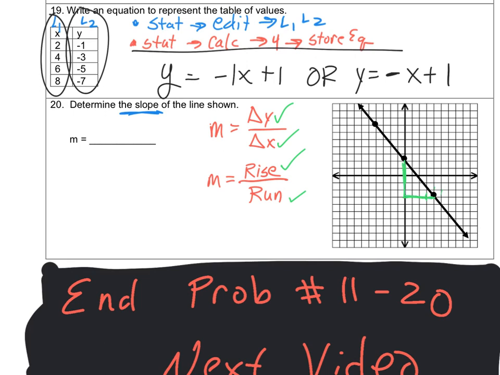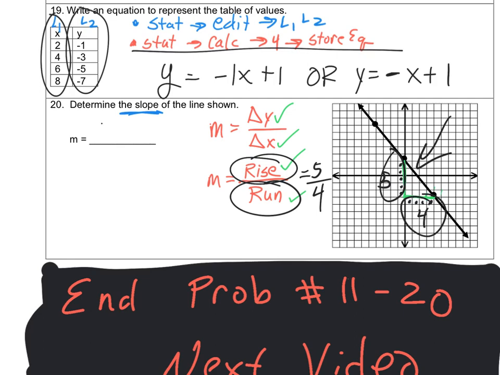And when I look, I'm going to count the boxes on each. So I have 1, 2, 3, 4, 5. And here I have 1, 2, 3, 4. So if my slope is the rise over the run, or vertical over horizontal, I know I have 5 is my rise and 4 is my run. Is the slope of this line positive or negative? It's negative, so it would be negative 5/4.